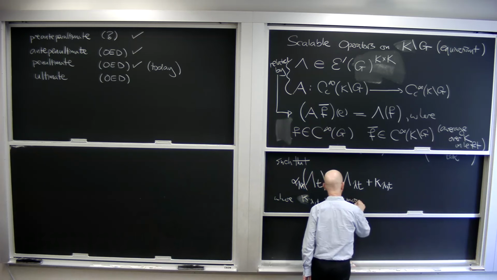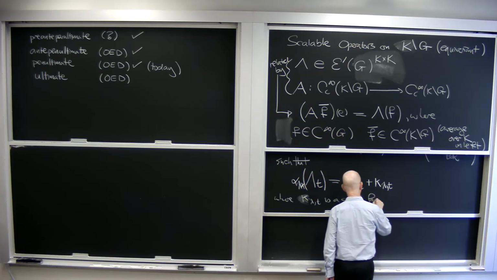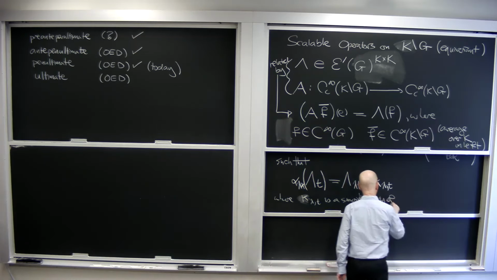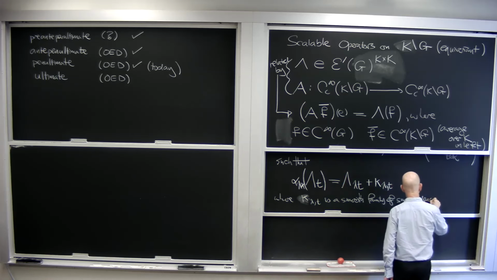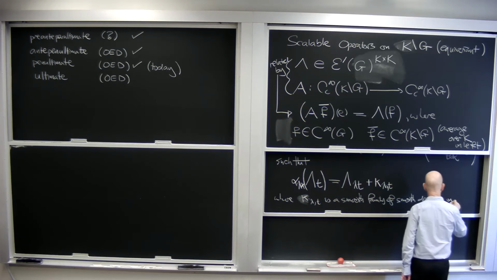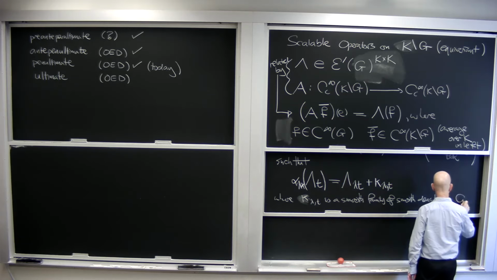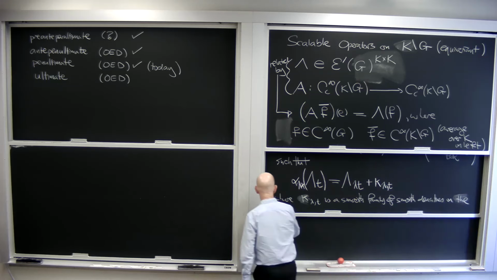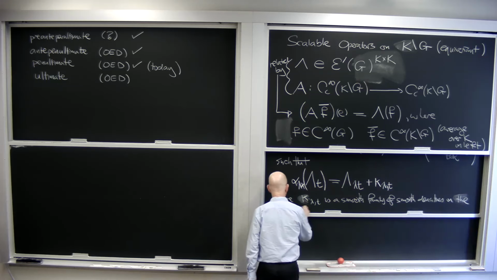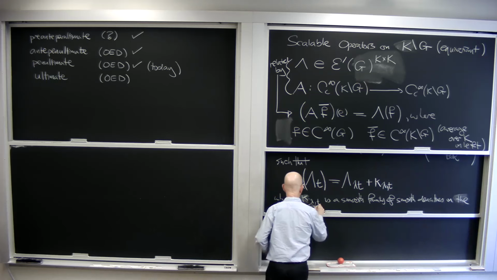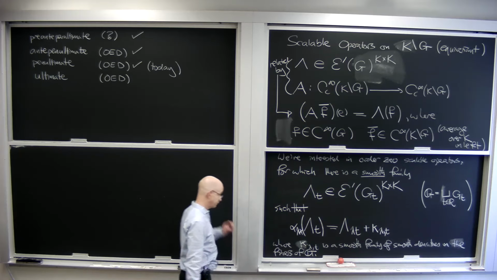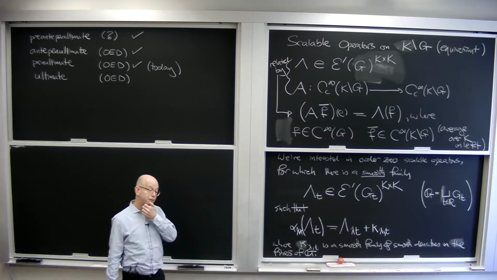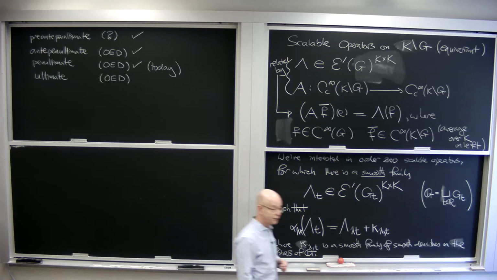This is a smooth family of smooth, compactly supported densities on the fibers of G. That's what Eric and Bob say. That's just translated into this language.